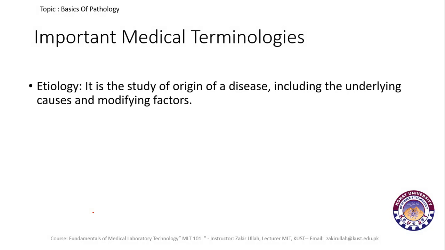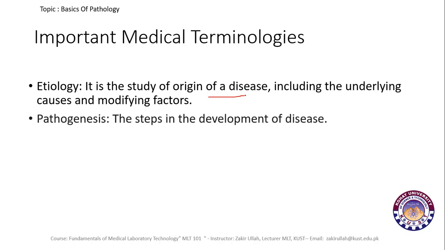Etiology is the study of the origin of the disease, including the cause and modifying factors. Etiology is basically where the disease develops from, what the cause of the disease is, and what factors lead to the disease. So, this term is used for the origin and the cause of the disease.